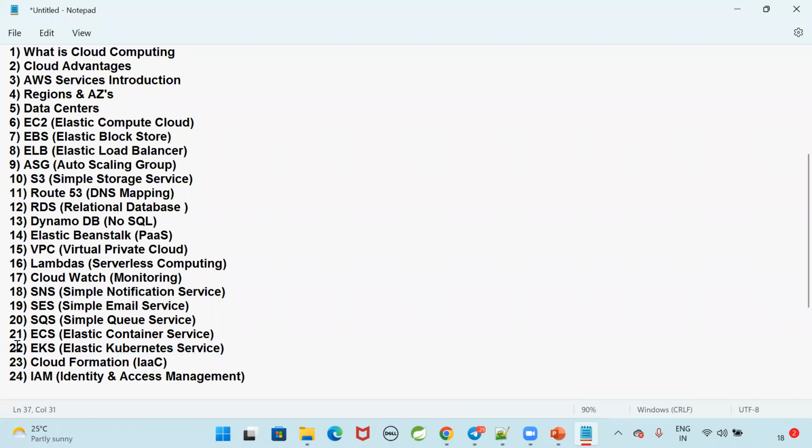So I'm going to cover EKS in the DevOps concepts, Docker and Kubernetes. CloudFormation is used to create the infrastructure in the AWS cloud by using code, right? Next one, IAM. IAM stands for Identity and Access Management. This is the syllabus.